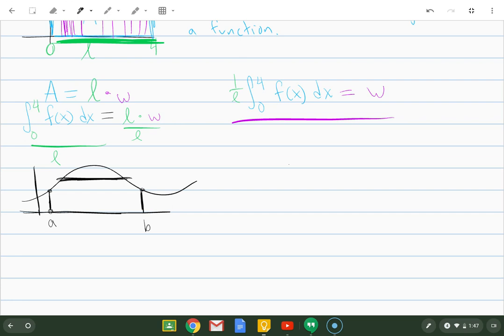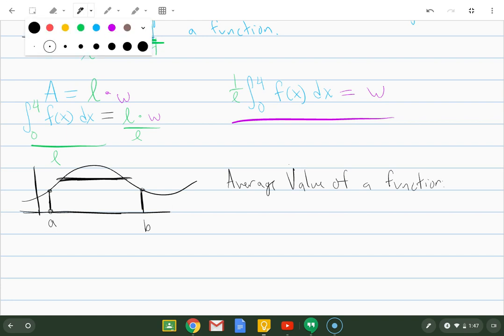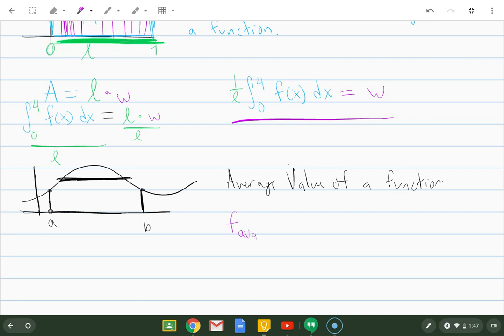But here's how we're going to find it. Here is the average value of a function. Okay, so first we're going to say that the average value of f, AVG for average, is going to equal, and first we need to do the 1 over the length.